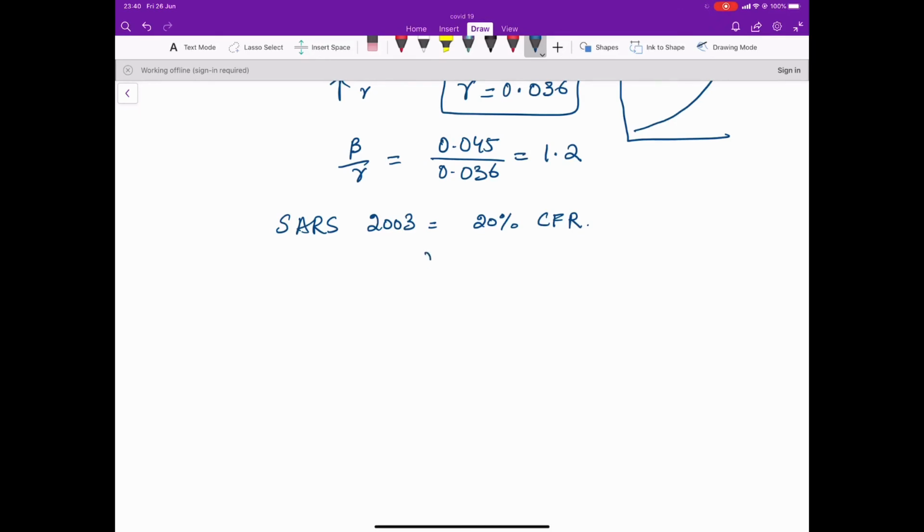In this case, the gamma was very high because there was a very high case fatality rate. So gamma increases if you've got a high case fatality rate, because the number of people who are getting subtracted from the infected to the recovered or death group increases.